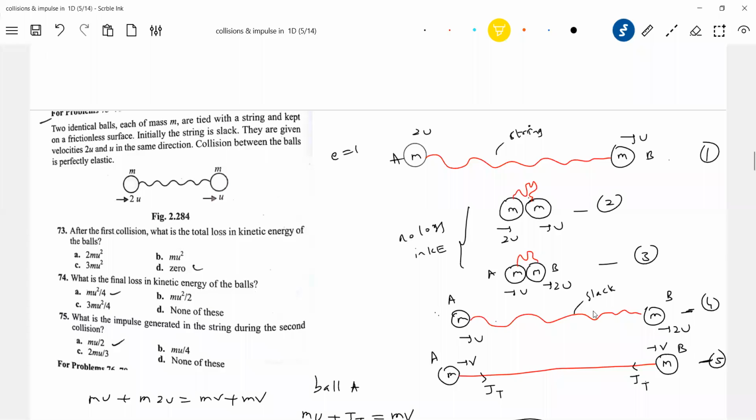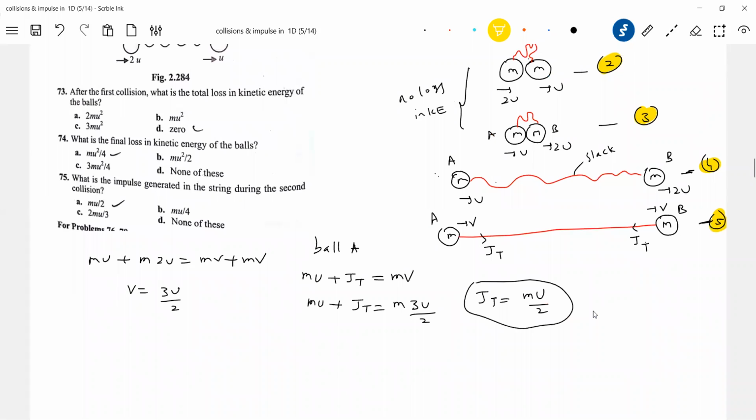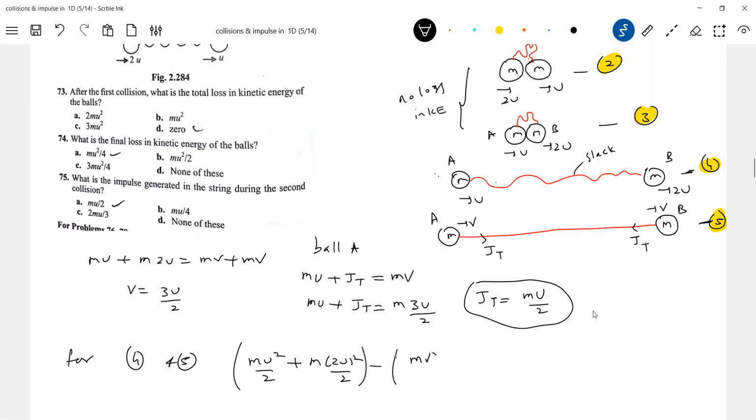And these diagrams, look at them here. Now for fourth and fifth, look at the energy. I'm writing it, 4 and 5. For 4 and 5, what is the energy? mu square by 2 plus m 2u square by 2 minus this should be equal to mv square by 2 plus mv square by 2.